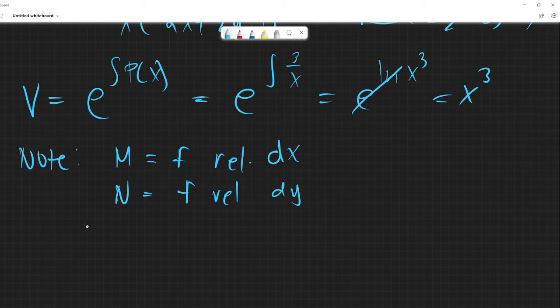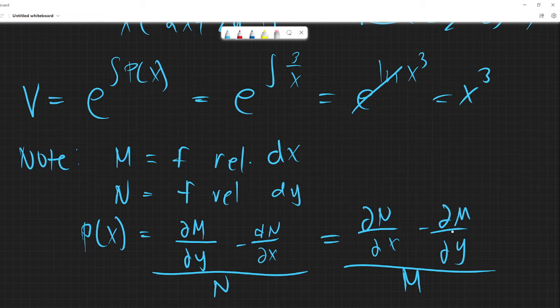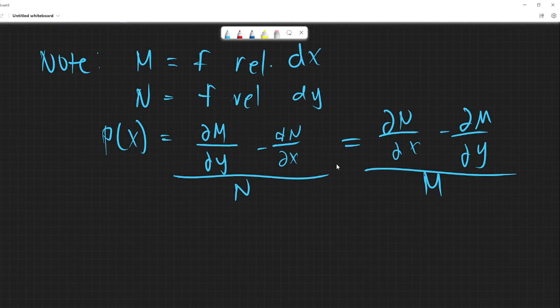Then P of x is equal to the partial derivative of M in terms of y minus the partial derivative of N in terms of x, all over N. This could also be equal to the partial derivative of N in terms of x minus the partial derivative of M in terms of y, divided by M. So either way, you could get P of x.